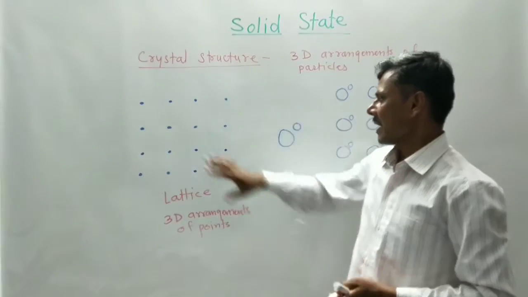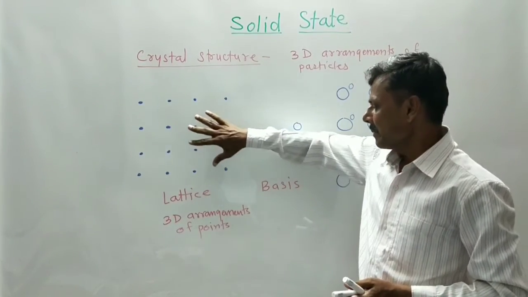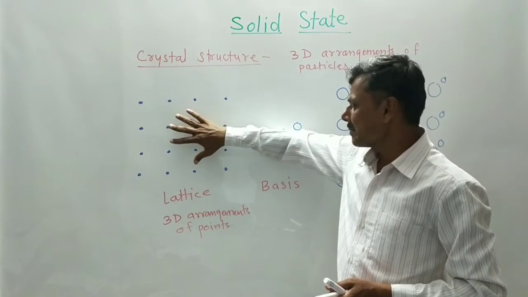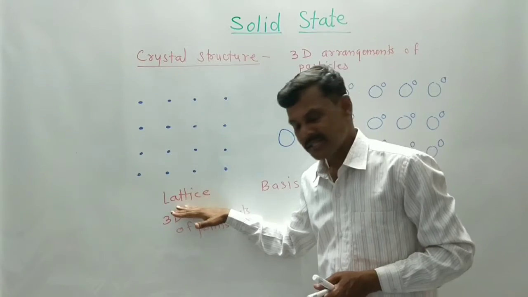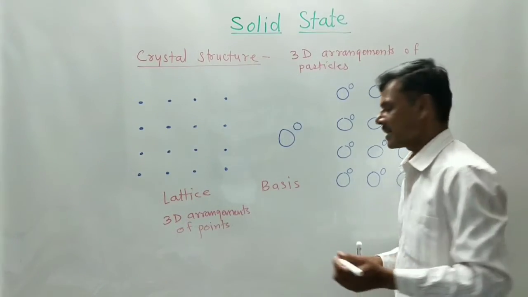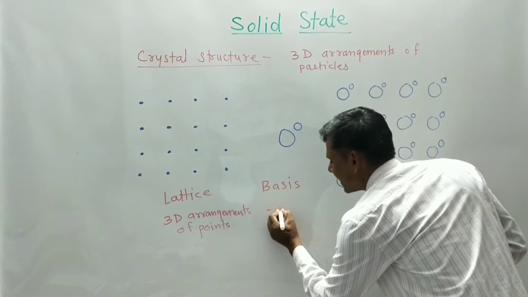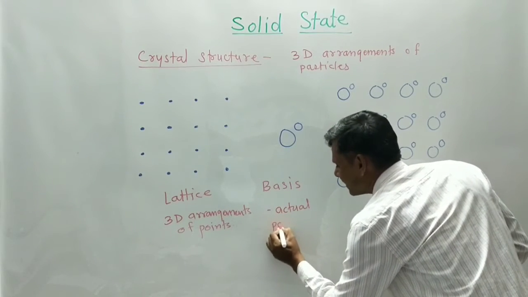Suppose actually it is a two-dimensional arrangement of points, but such a three-dimensional arrangement of points is nothing but lattice. What is basis? Basis represents the actual particle.